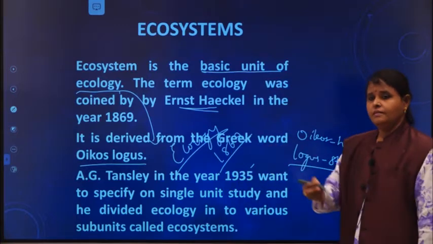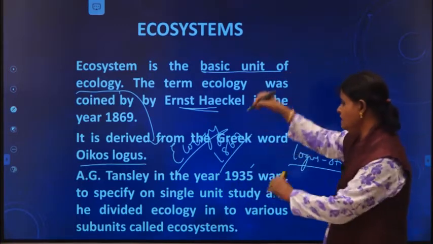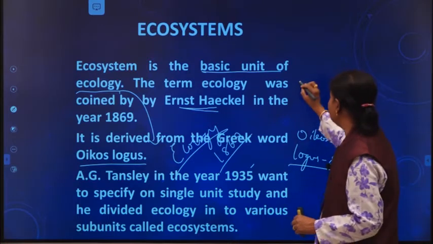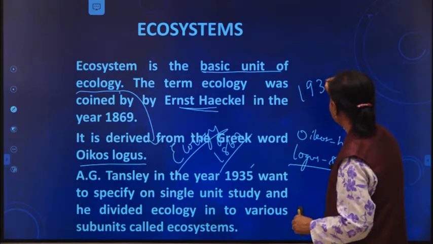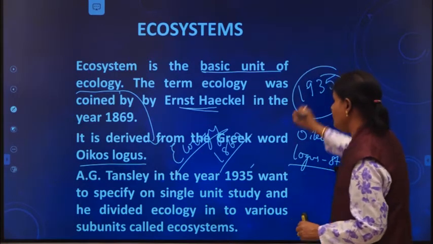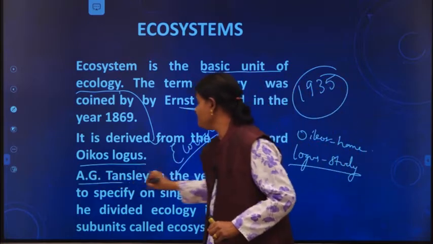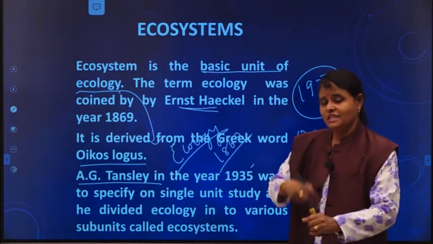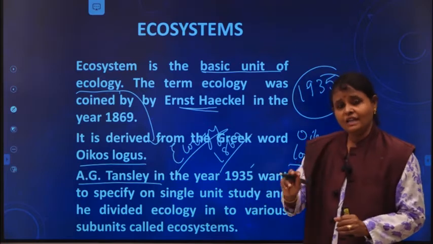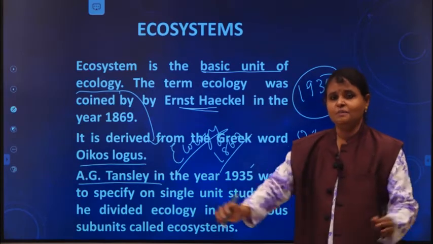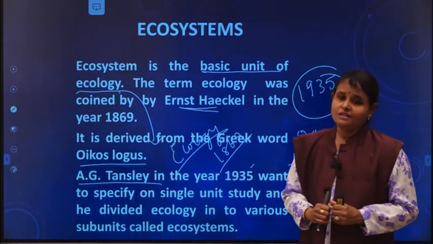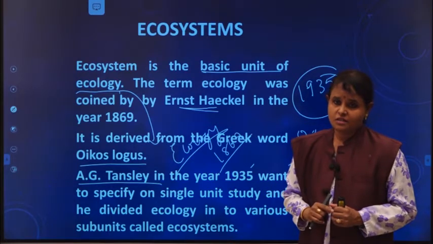Later, many scientists did research on ecology. Finally, in the year 1935, A.G. Tansley came. He was a famous ecologist. He studied ecology and he told that ecology is the biggest unit. What is meant by ecology? There is one definition for this.